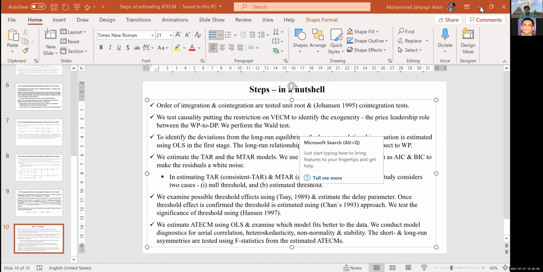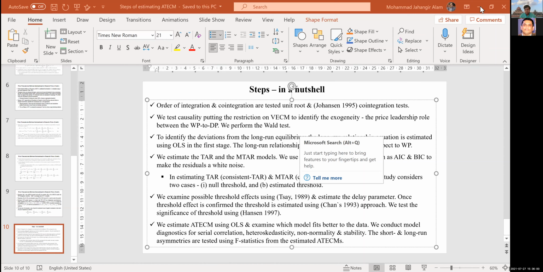So, Prof, one more question in the chat box. Brother Zakaria said, what is the difference between NAR, DL, and MTAR? I don't know the first nomenclature, the variable or the model NAR, DL. I didn't use this one, right?